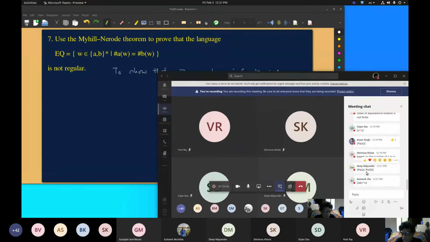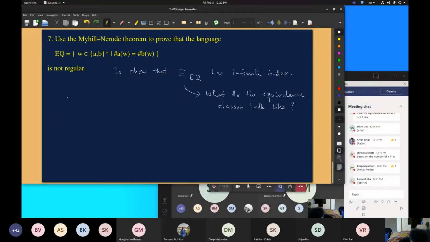Okay, so equivalence classes are essentially based upon hash A in W minus hash B in W. So let's say, how do I write?